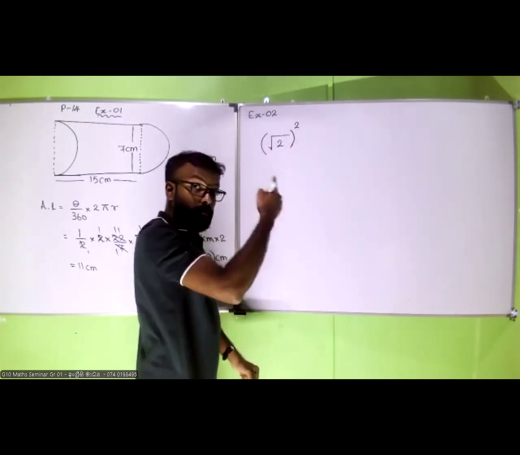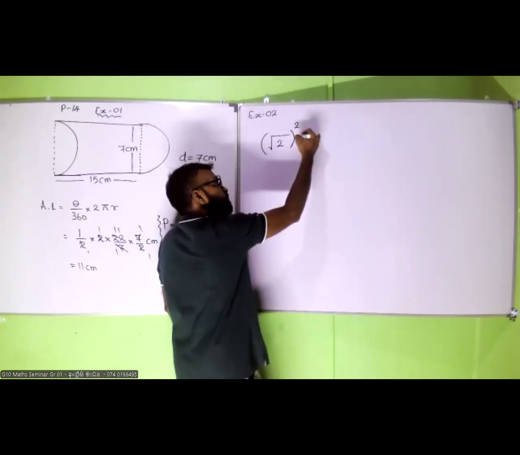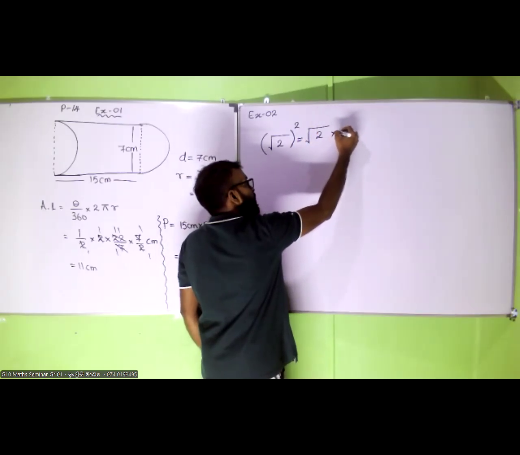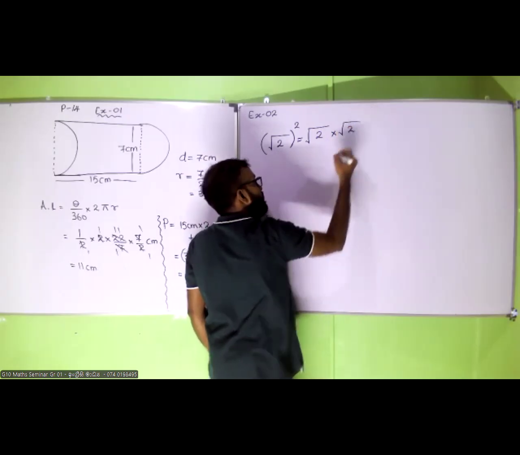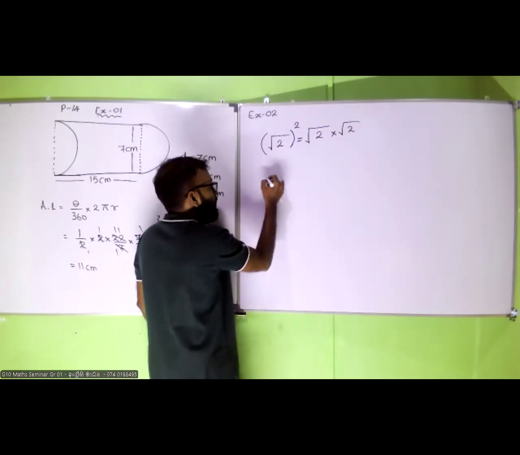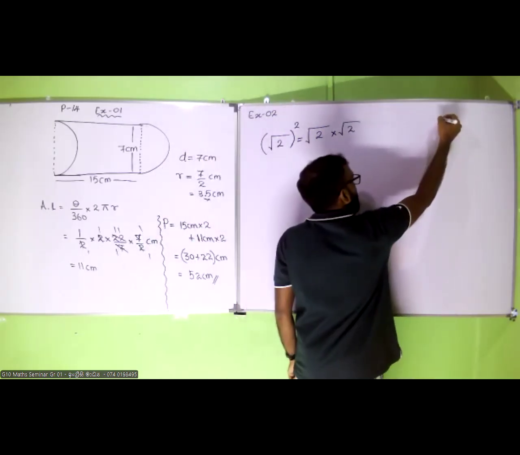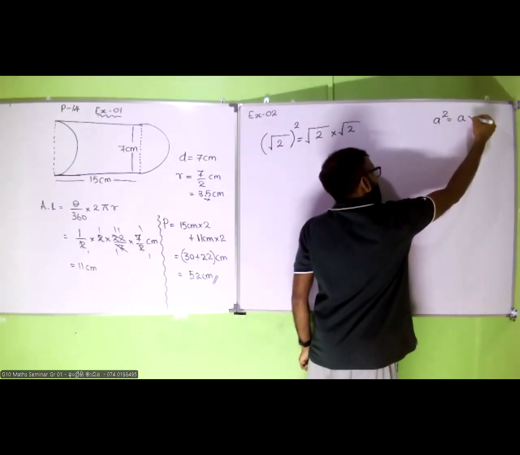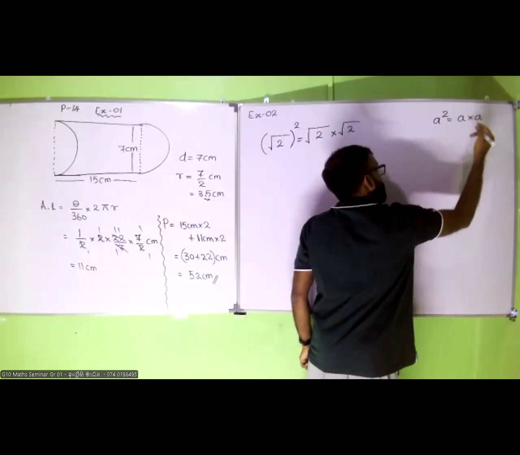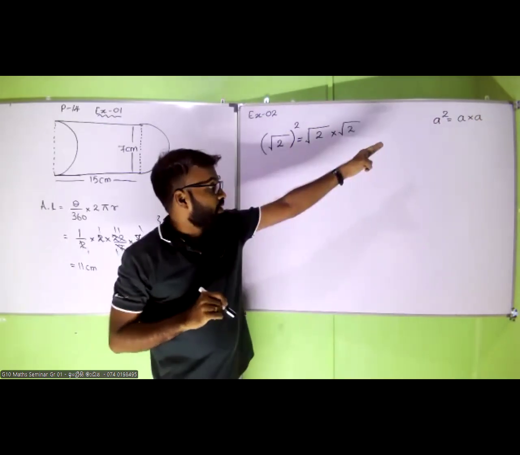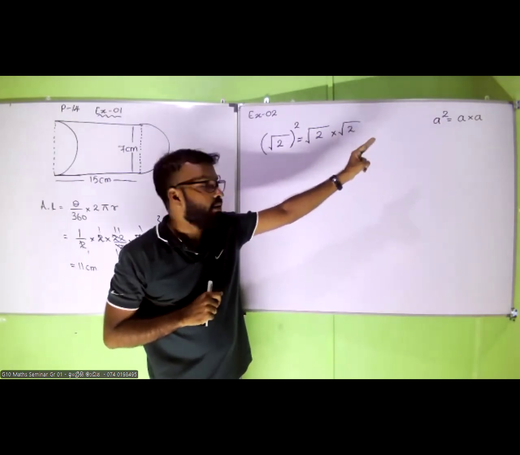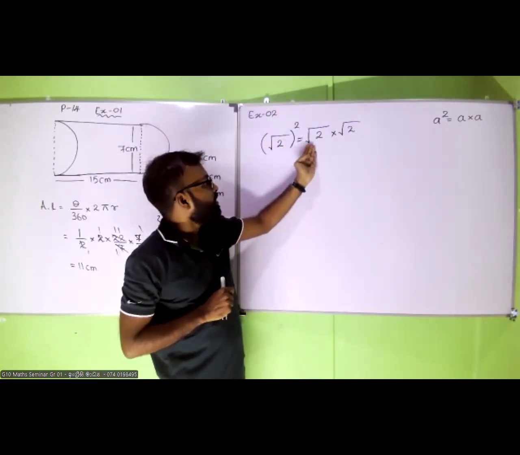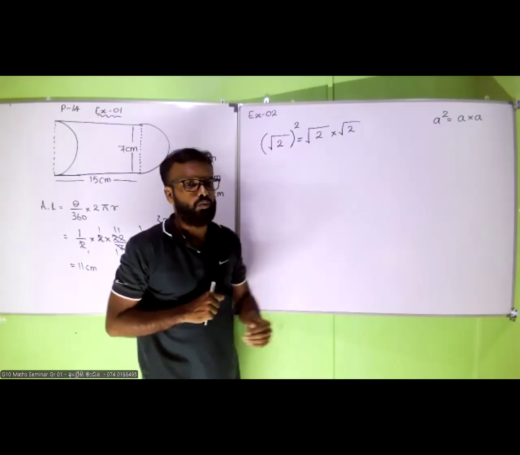If you expand this using the laws of indices, a to the power 2 is expanded as a times a. By using the same method, square root 2 to the power 2 equals square root 2 times square root 2.